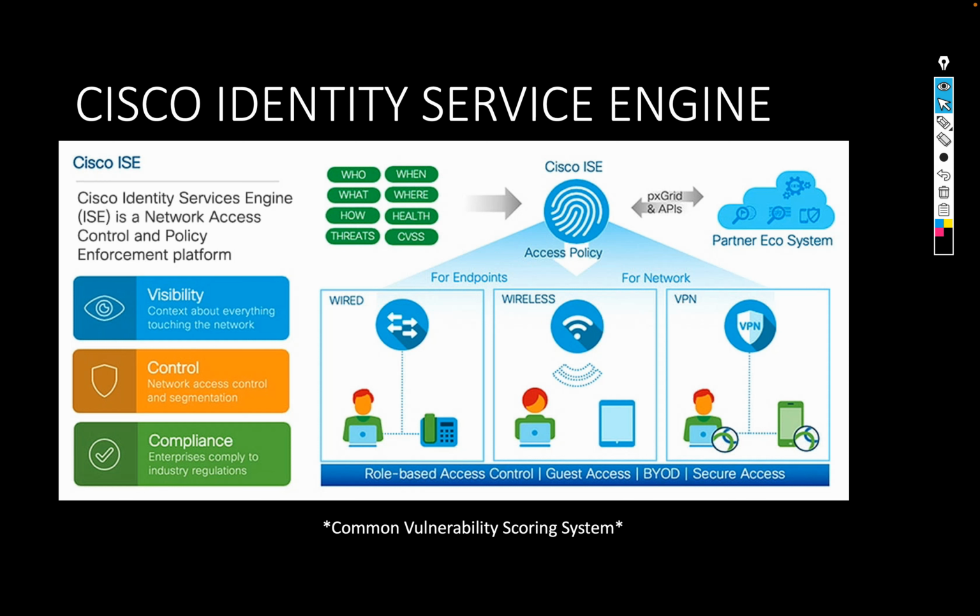We can do role-based access control, guest access, bring your own device, and secure access. We can check whether the device is compliant or not, like is it running my antivirus, is it running my last patch update. We'll do labs for all of these technologies, and I will show you more things about it.